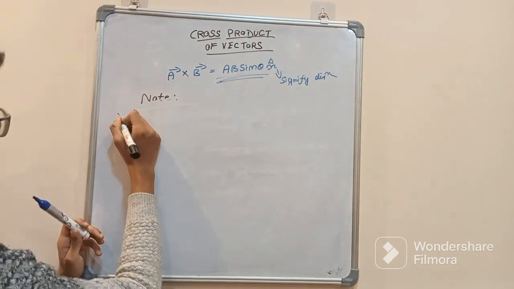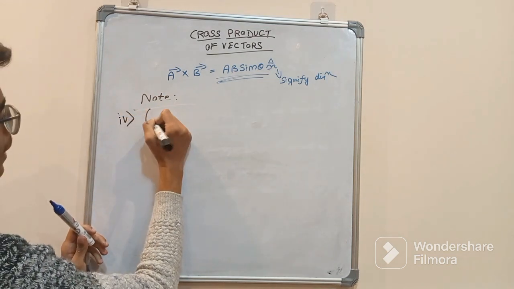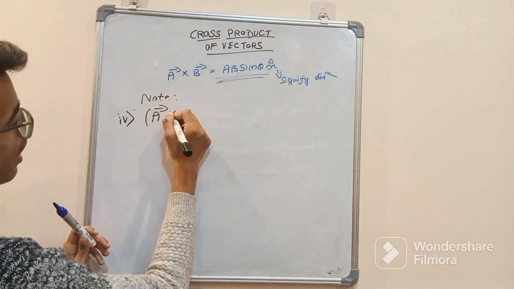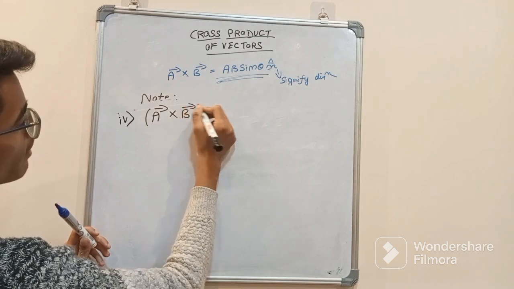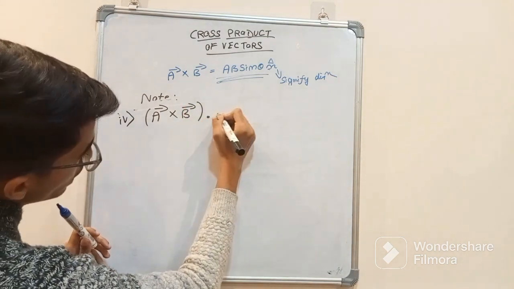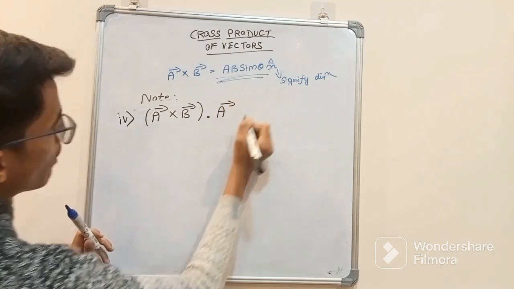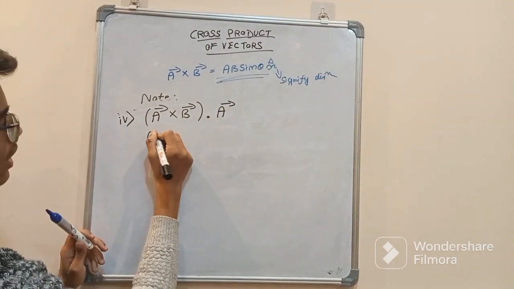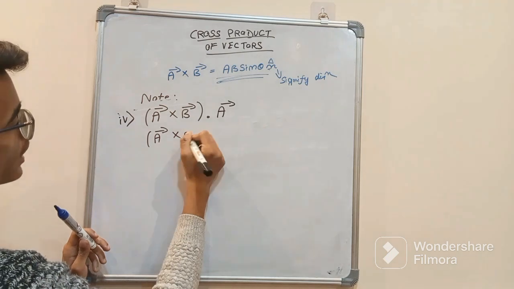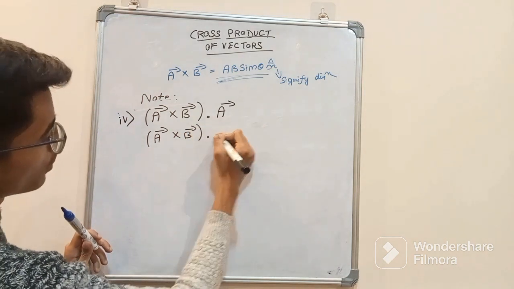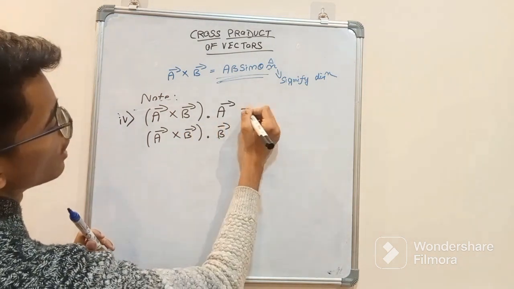Note number 4. A vector cross B vector and the dot product of this product with A vector. Similarly, A vector cross B vector and the dot product with B vector.